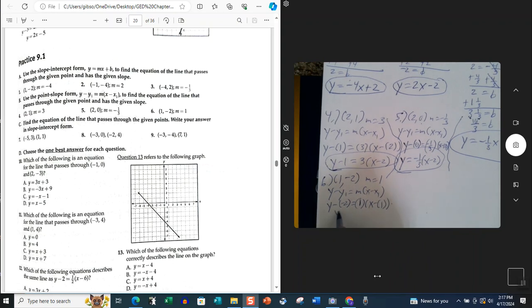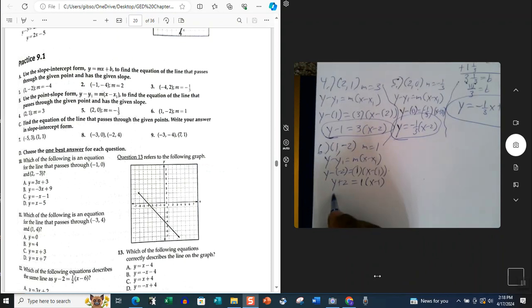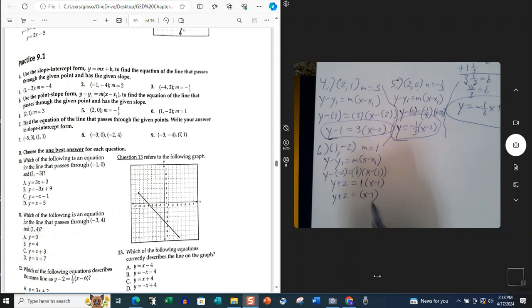So y minus a negative 2 is y plus 2, and that's equal to 1 times x minus 1. Now we know we don't have to leave this 1 here. So we could write y plus 2 is equal to 1 times this parenthesis, which will just be x minus 1. So you got y plus 2 is equal to x minus 1.